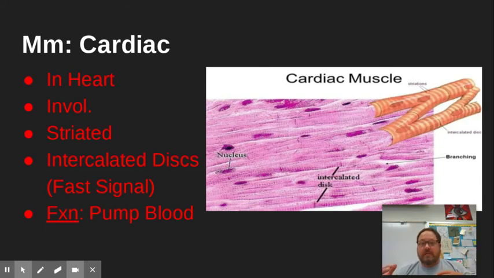And if it's going to be doing that for every minute of your life, you want that muscle to be as efficient as possible. So to help the electrical signals travel through the heart as quickly as possible to make synchronous contraction possible, you have the branched muscle fibers and then these intercalated discs that allow the rapid movement of ions through cells. And again, pretty straightforward function: that heart's going to pump some blood.